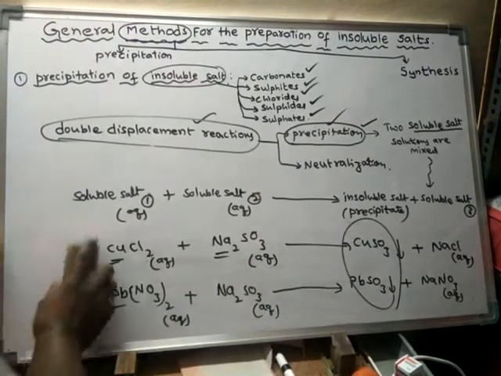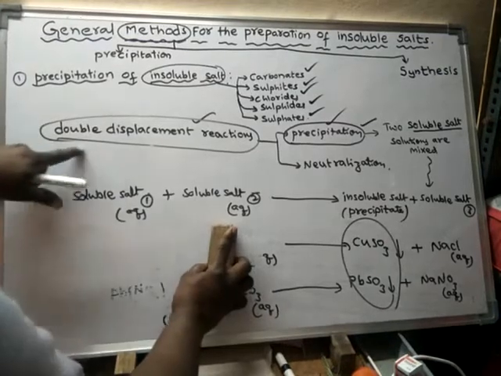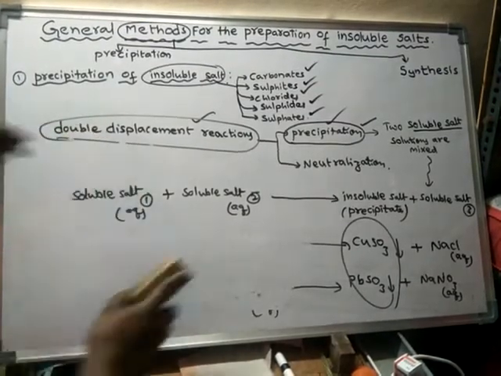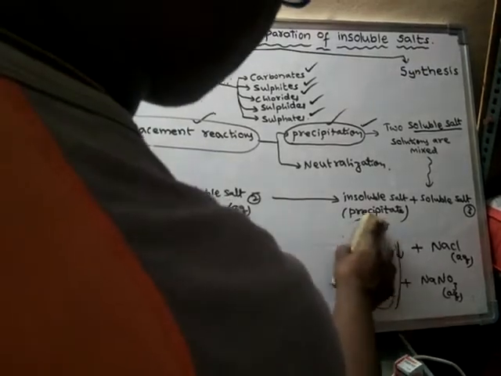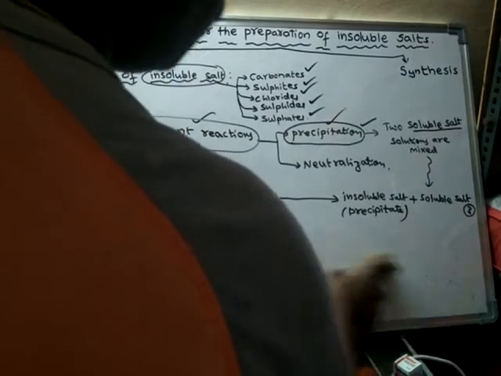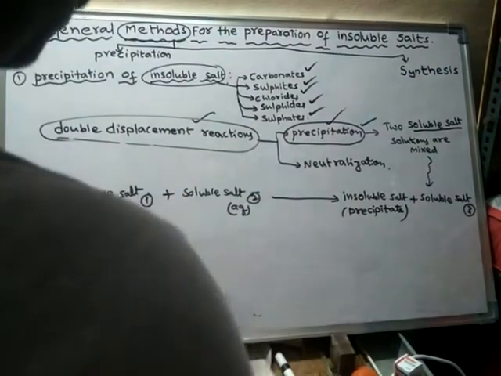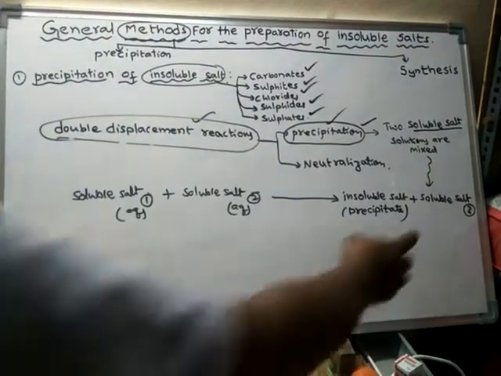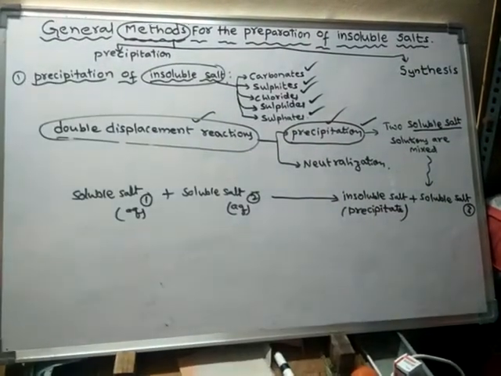Okay, right. So what happens during a double displacement reaction? Exchange of ions takes place. New salts are formed, and one of the new salts formed is insoluble, and the other new salt formed is a soluble salt.